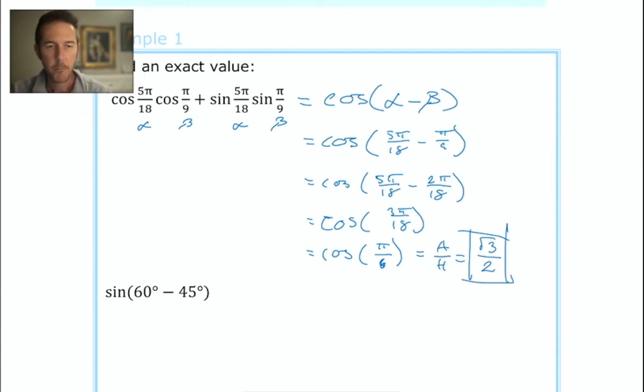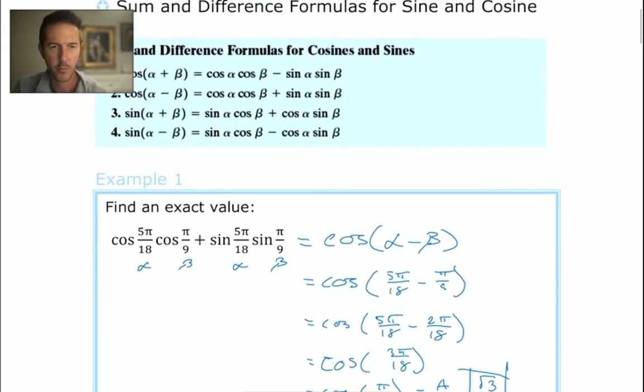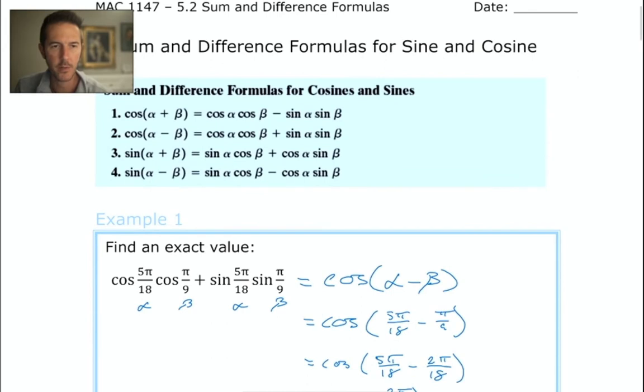In the next problem, we are starting with the other side of the equation. Here we have the sine of alpha minus beta. So we need to go up to our formulas again and see on the left-hand side, can you find the sine of alpha minus beta? I think it's number 4. So we have to take those alpha and beta values and drop them into the right-hand side of that equation.